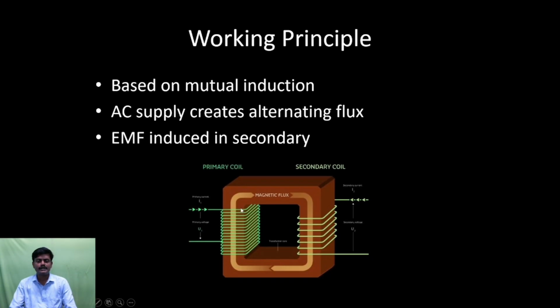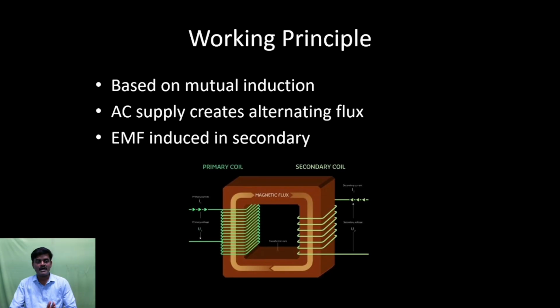Here, how is it happening? The AC supply has the nature of changing its value each and every time, which is why it is called alternating current. Each and every time it changes its magnitude.